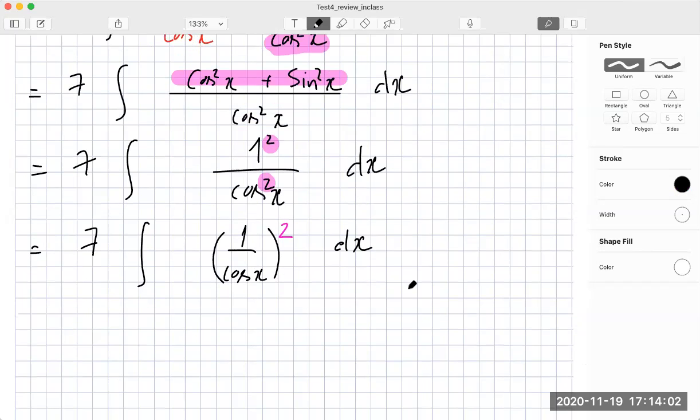And 1 over cosine is simply secant, right? Secant squared dx.